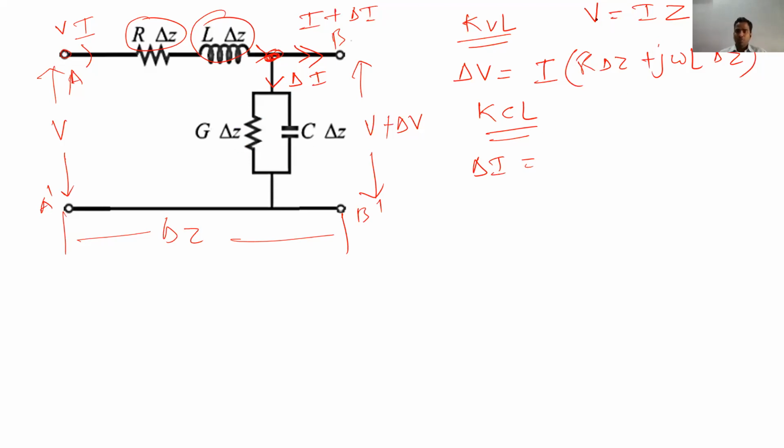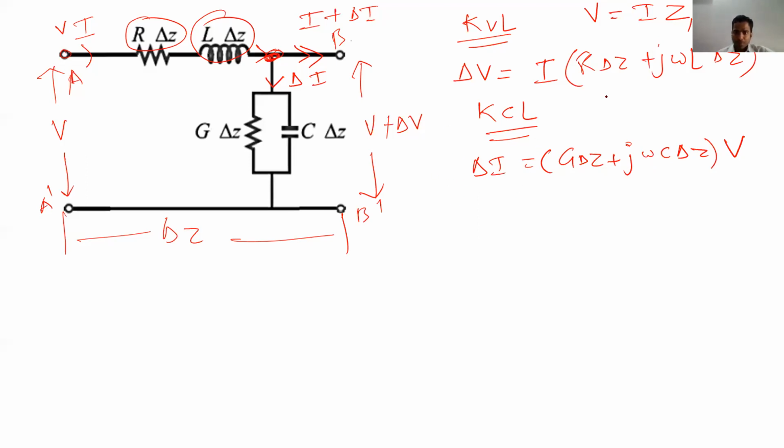We know if V is I into Z, then I is Y into V. Y is what? Admittance, right? Everyone knows these admittance parameters? In network theory you must have studied, right? Yes. So G delta Z plus j omega C delta Z, into V, right? Is this fine?